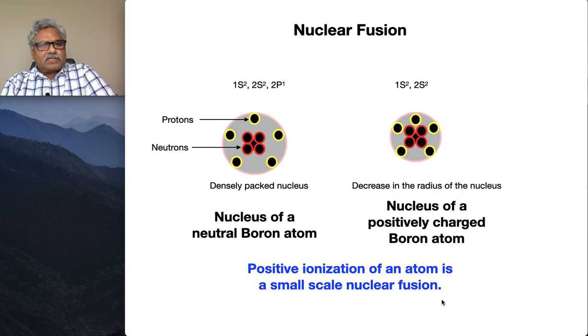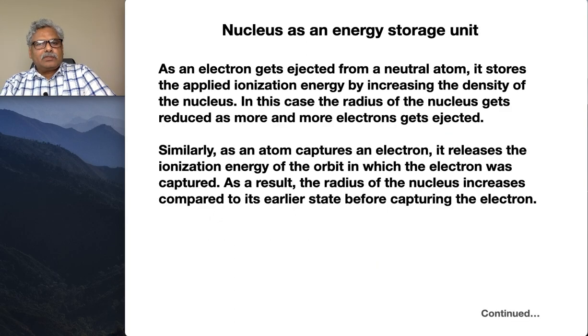So this size change, this change in the radius of the nucleus, is what is actually storing the energy in the ionization of atoms. So, the nucleus as an energy storage unit. As an electron gets ejected from a neutral atom, it stores the applied ionization energy by increasing the density of the nucleus.